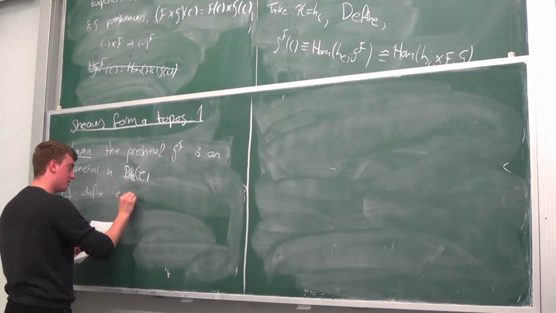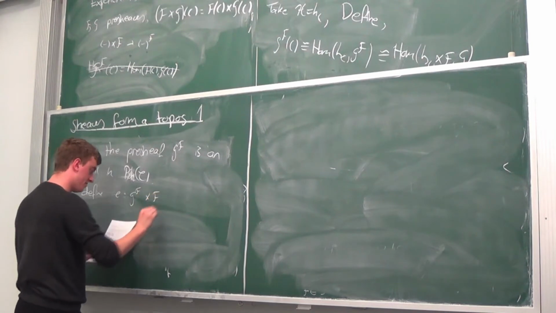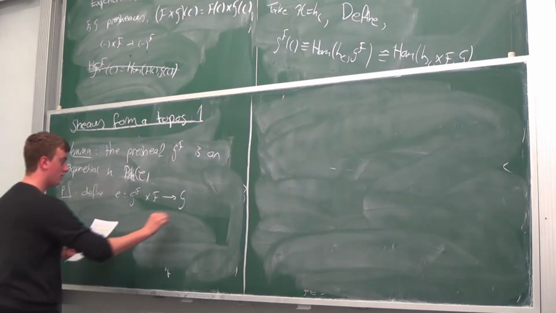E is going to go from exponential times F into G. What's this going to do?